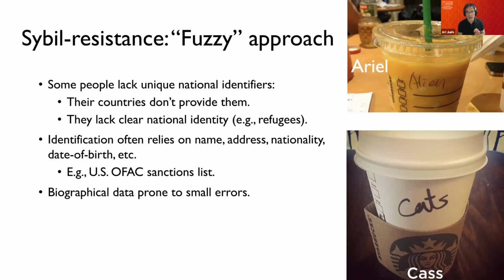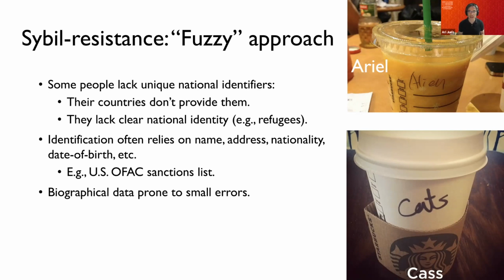And because biographical information is prone to small errors, you see some examples here, courtesy of Starbucks, matching the name presented by a user to an identity system with a registered name or other information has to be performed in a fuzzy way.